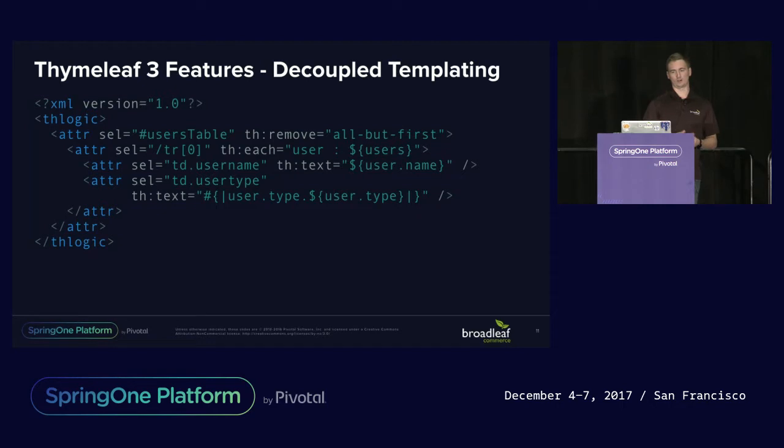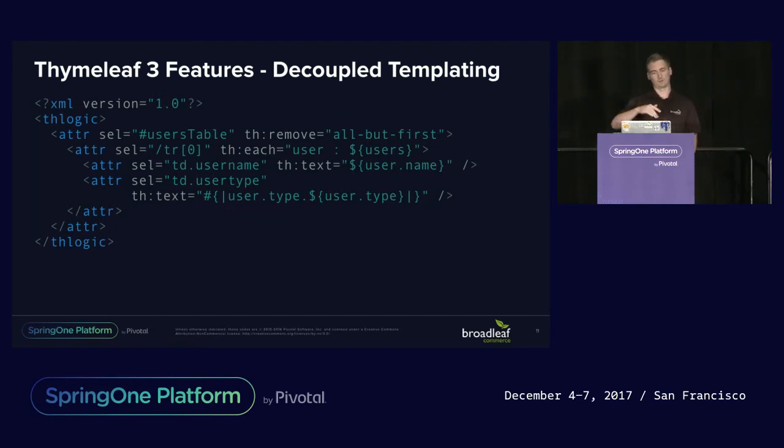I personally haven't played too much with this yet. It's a little awkward in my opinion, especially because Thymeleaf is so easy to learn. We have a lot of clients, so we just teach them how to write templates, but I don't want to go too deep into this because it's kind of weird, but you basically have selectors. You're saying give me the table, or not even table, give me the ID user table. Remove everything inside of that except for the first tag, which is the first TR.